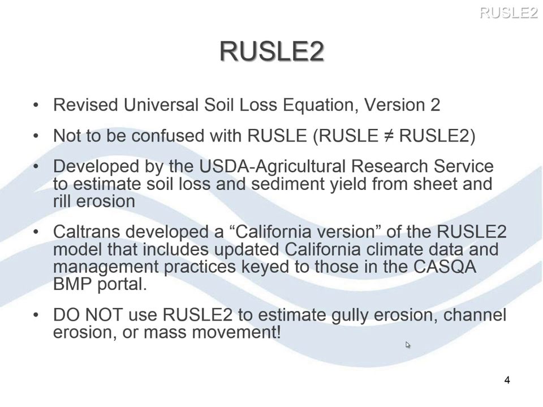It doesn't look at mass movement or landslides. It doesn't estimate channel erosion. It specifically estimates sheet and rill erosion. So that doesn't end up being a real liability, because sheet and rill erosion generally is the dominant erosion process on construction sites. So that's why we're fairly comfortable deferring to that method for estimating erosion and sediment yield off of construction sites.